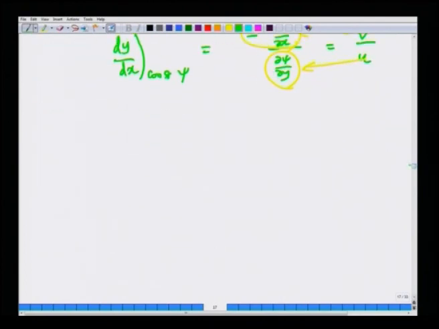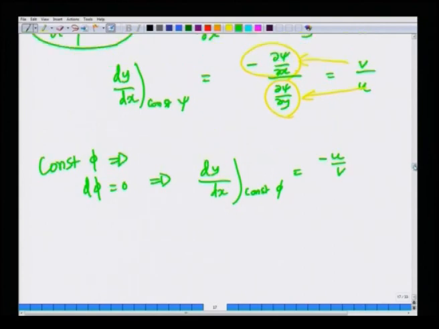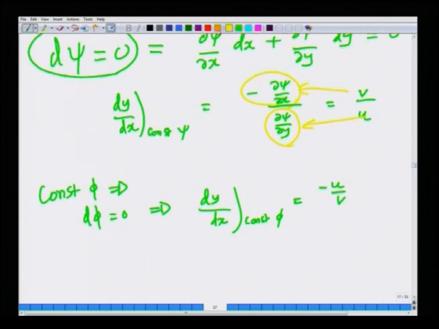Okay. So, constant phi implies d phi is 0. This will imply that dy by dx, the slope of the equipotential, constant phi, is minus u by v. So, if you see these two expressions, you have the slope of a stream function and the slope of an equipotential.